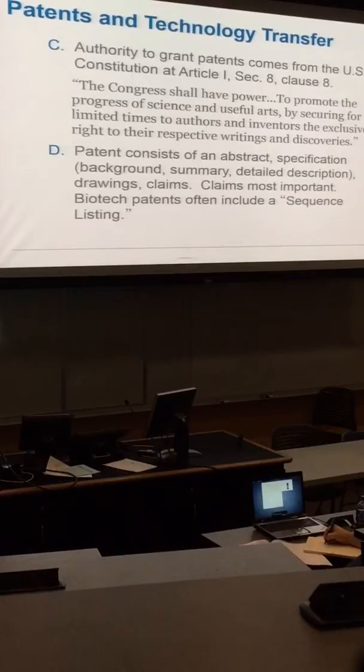And the claims are the numbered paragraphs at the end, which I'll show you in a moment. But they're the most important part because they really define what the invention is. And in the biotech space, where I spend a lot of my time, there's also a sequence listing for biological sequences for proteins, nucleic acids, that kind of thing.